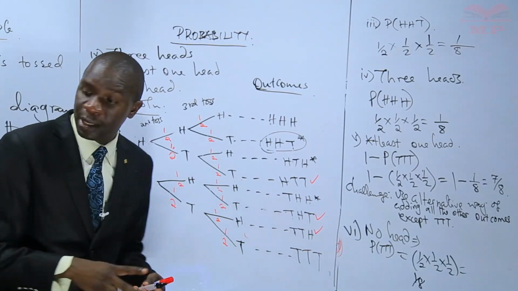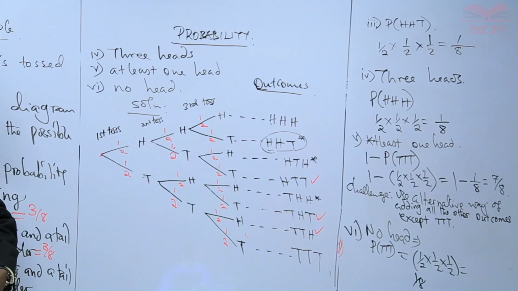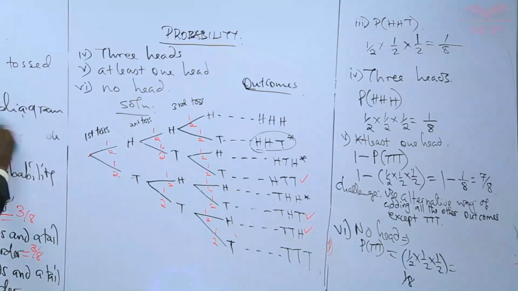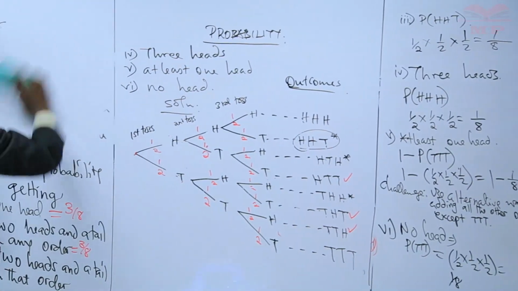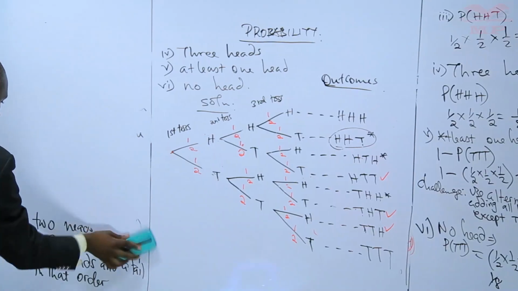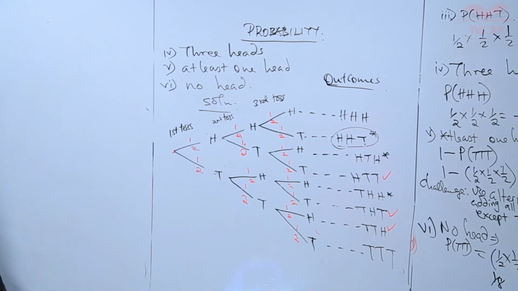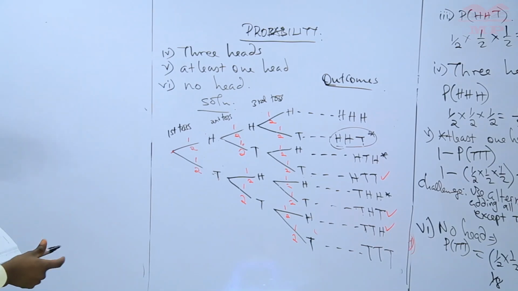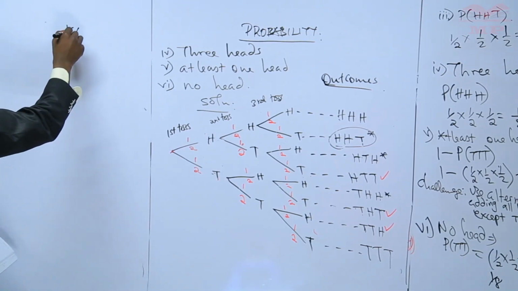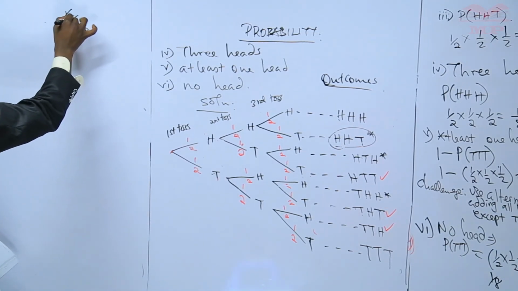Otherwise, I want to leave an assignment behind that you will attempt. So the assignment is this. Exercise, this is KLB. So this is the assignment.